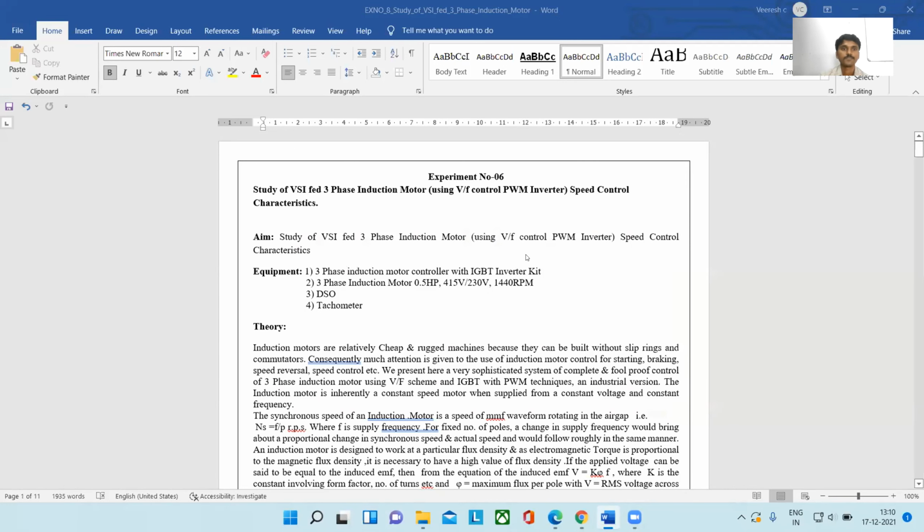You can see here, experiment number 8, not 6. Voltage source inverter fed 3-phase induction motor using V by F is equal to constant method.